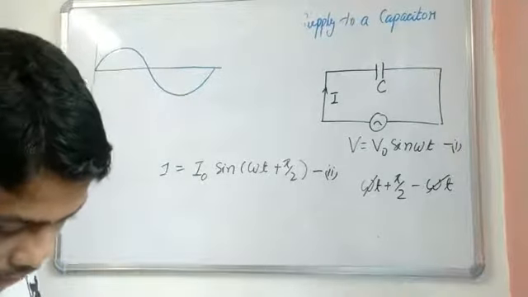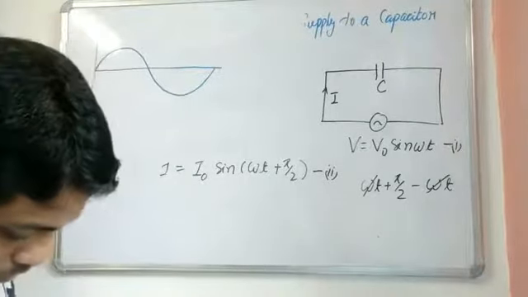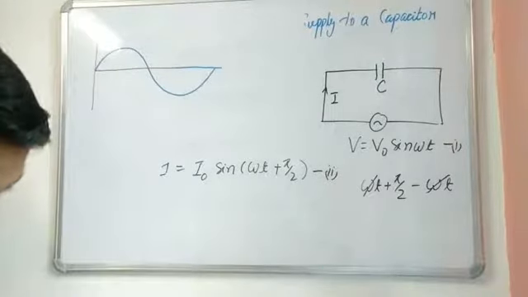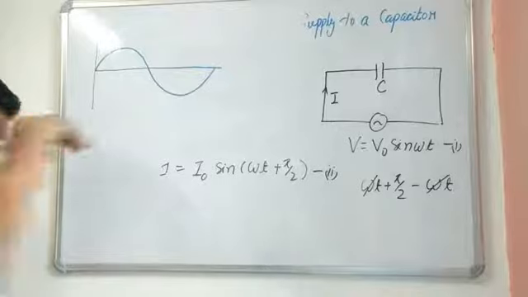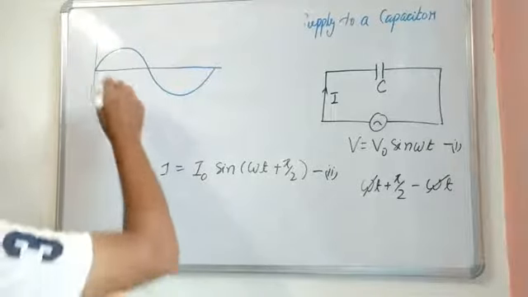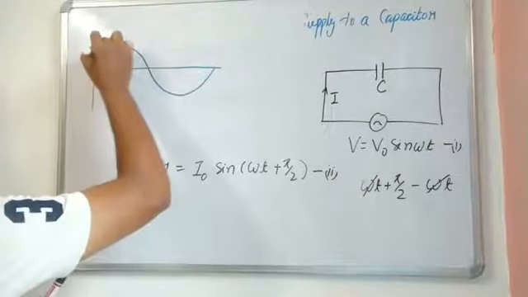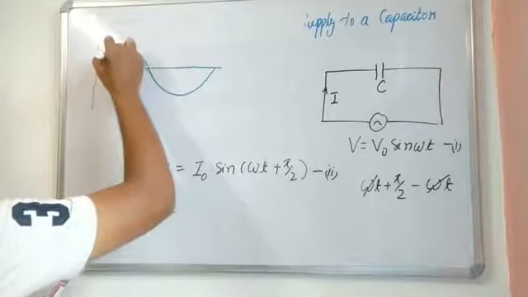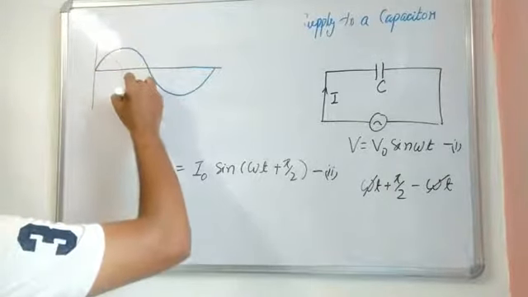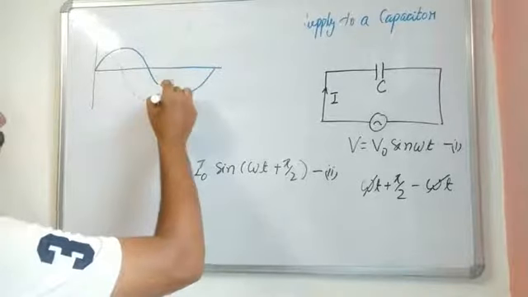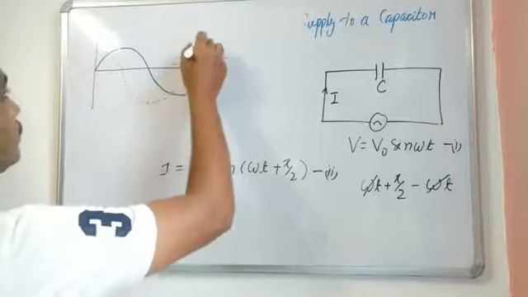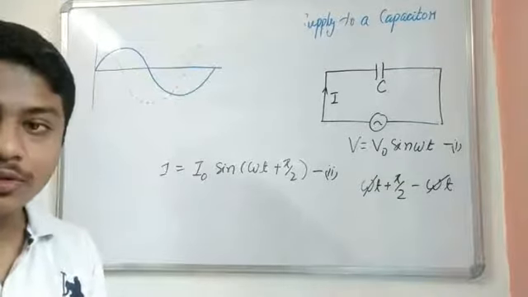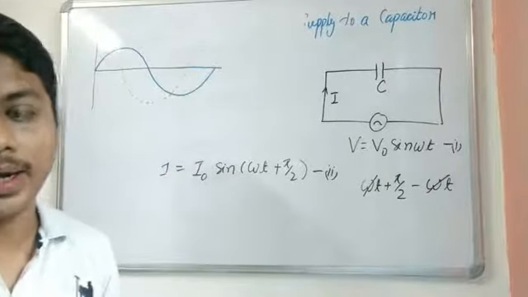Then if I draw the current one now, the current is having a phase difference of pi by 2. So the current will be starting a little bit from above. Okay, the dotted line that I have drawn, this is for your current.